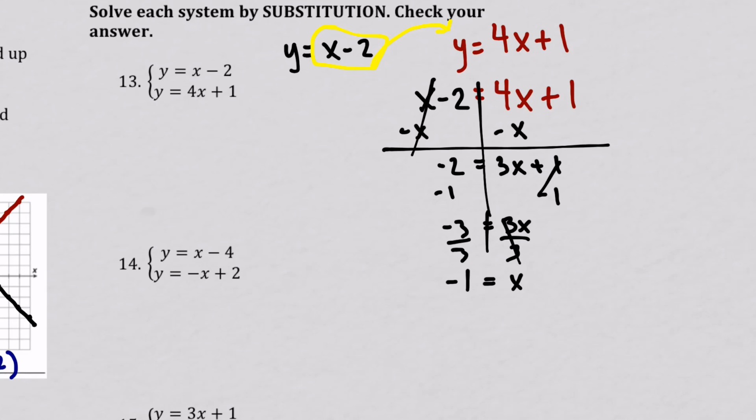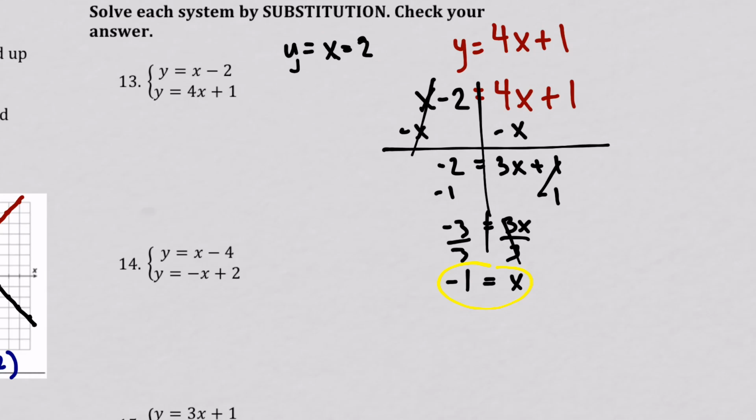At this point, what you do is you take this x equals negative 1, and you go back to either one of the original two equations, and you plug that in. So I'm going to go ahead and plug it in into this equation right here. y equals x minus 2.